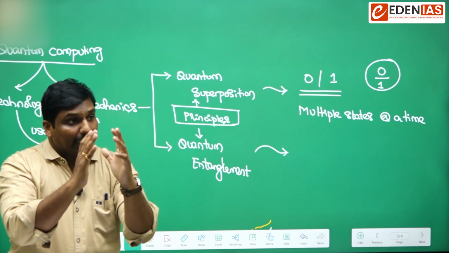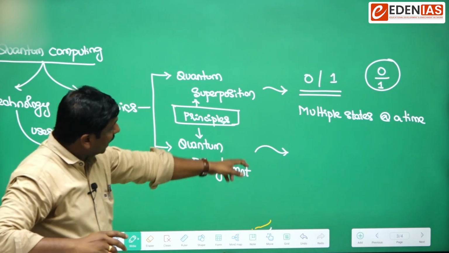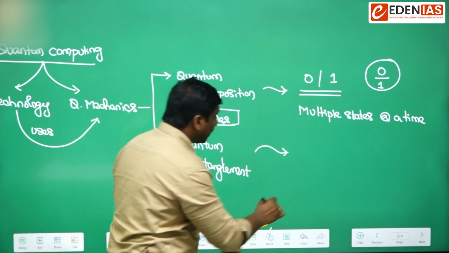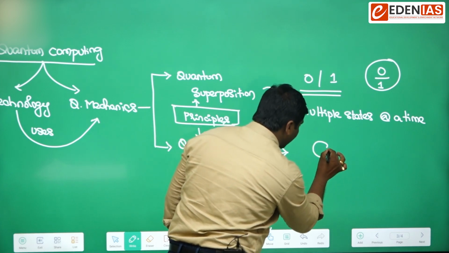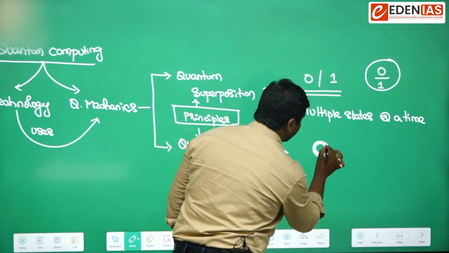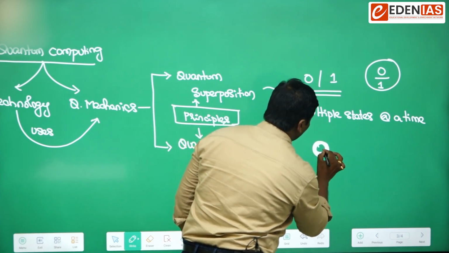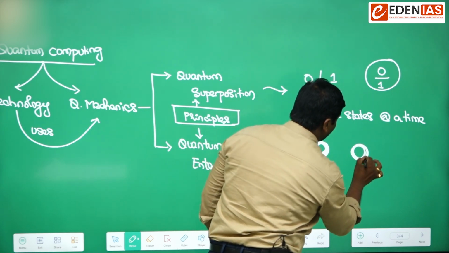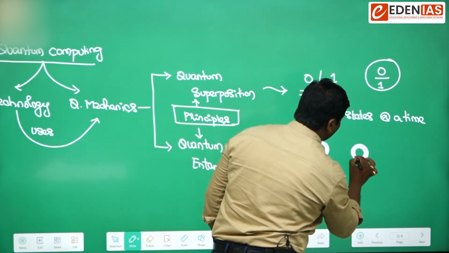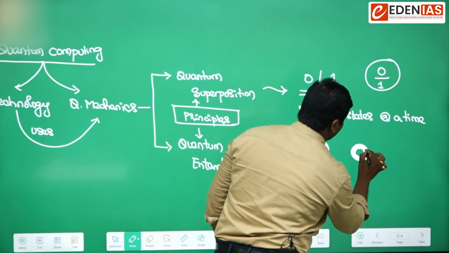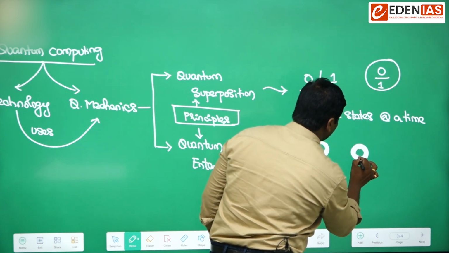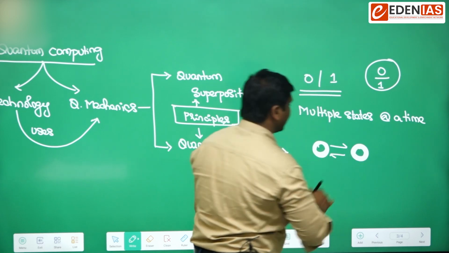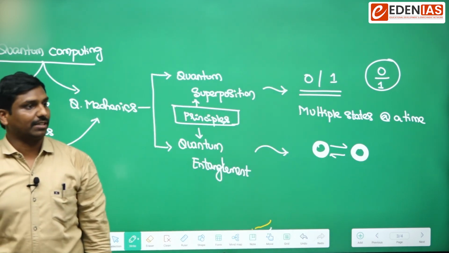And in a similar fashion, at the subatomic level also, if you are taking any electron, let's say this electron would be intricately interlinked to another electron so closely that it will act as a mirror image of the other.